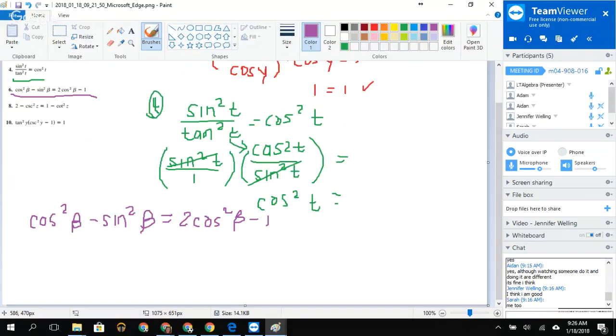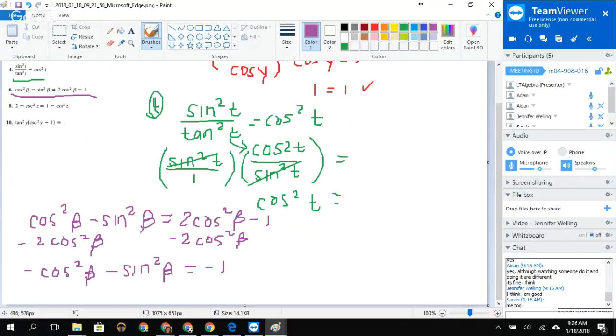I know I'm going to end up with some negatives, but that's all right. I'm going to subtract 2 cosine squared of beta from both sides. So I end up with negative cosine squared of beta minus sine squared of beta equals negative 1.